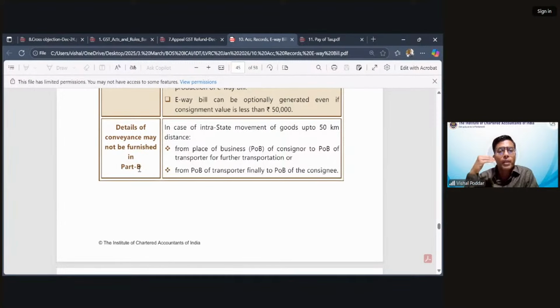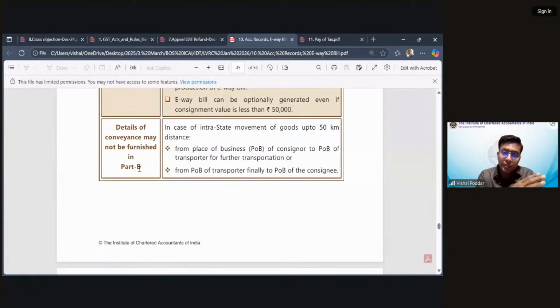When you are sending goods from your factory or your premises to the premises of the transporter, or the transporter is sending the goods from their premises to your premises. So many times at the time of transportation, you have to send the goods to the transporter's office from where transportation starts.